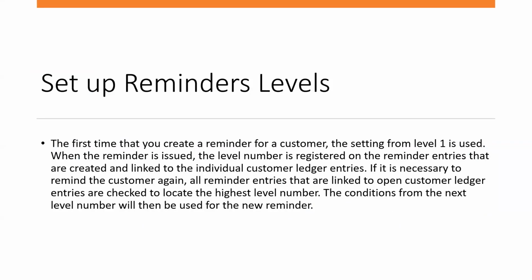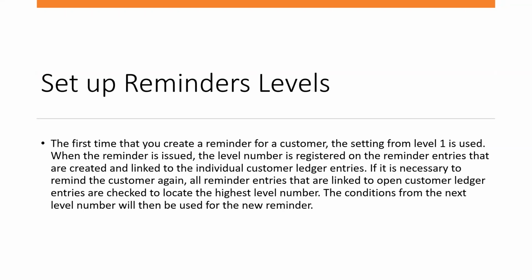So when we think of reminder levels, like we said, it is the number of times that we actually send a reminder. So the first time that you create a reminder for a customer, when you start setting up everything, we start from level 1. When the reminder is issued or sent, the level number is registered on the reminder entries that are created and linked to the individual customer ledger entries if it's necessary to remind the customer again.